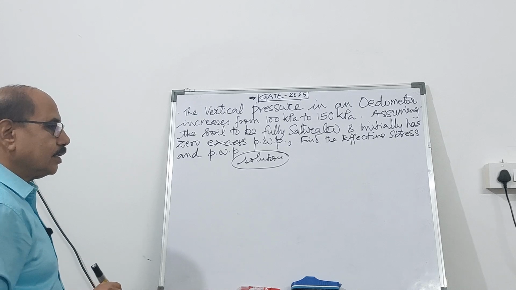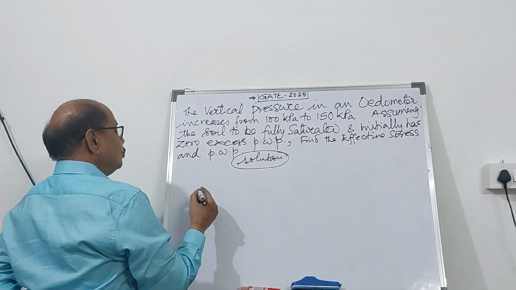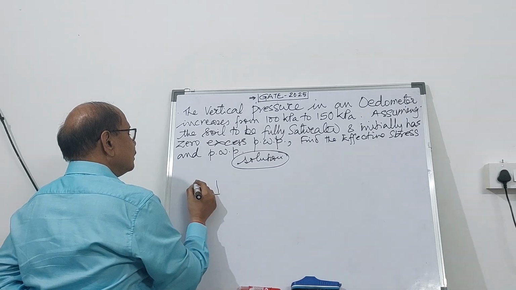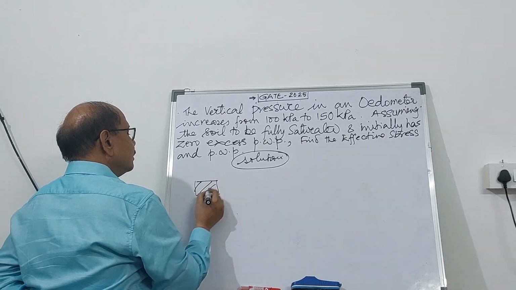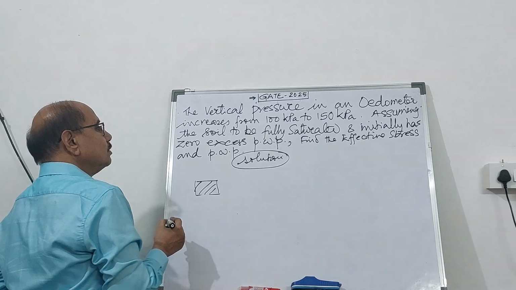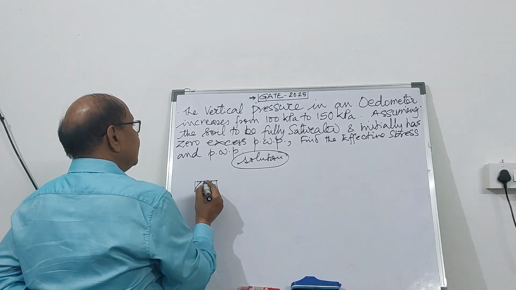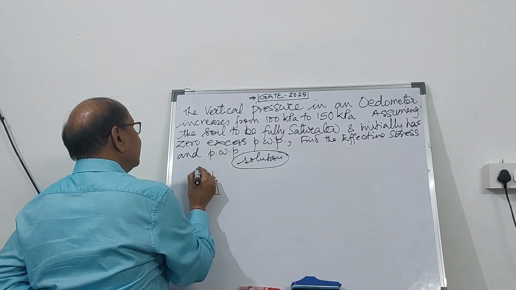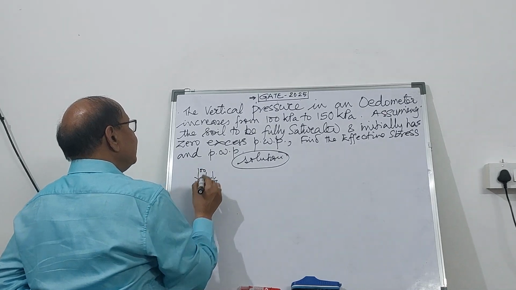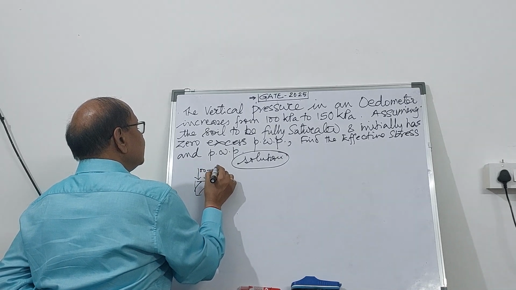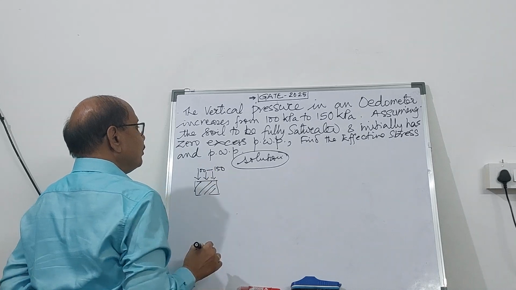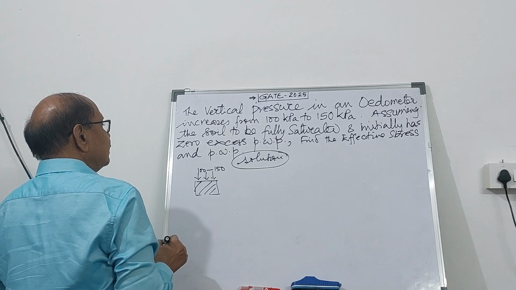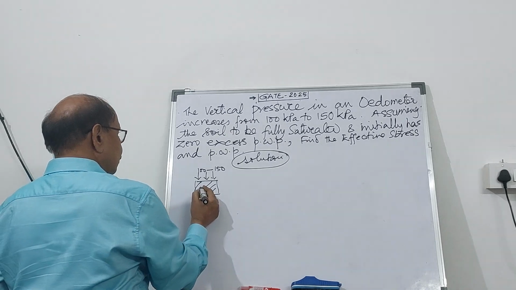You have an odometer, you know it, there is a soil sample and the pressure is initially 100 and then you increase it to 150 kilopascal and the soil is fully saturated.